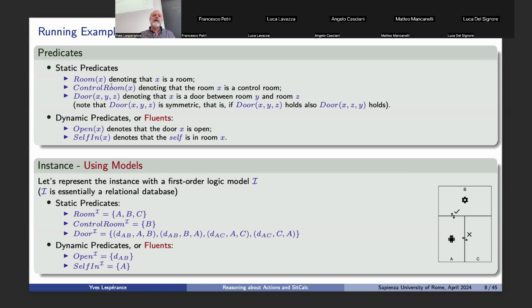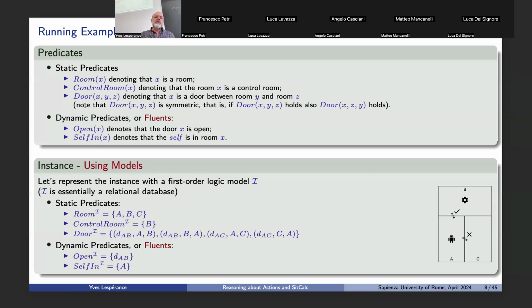Another one, control room, says that X is a control room. So if this is true, then X is a control room. A three-place predicate door might say that X is a door that is between room Y and room Z.